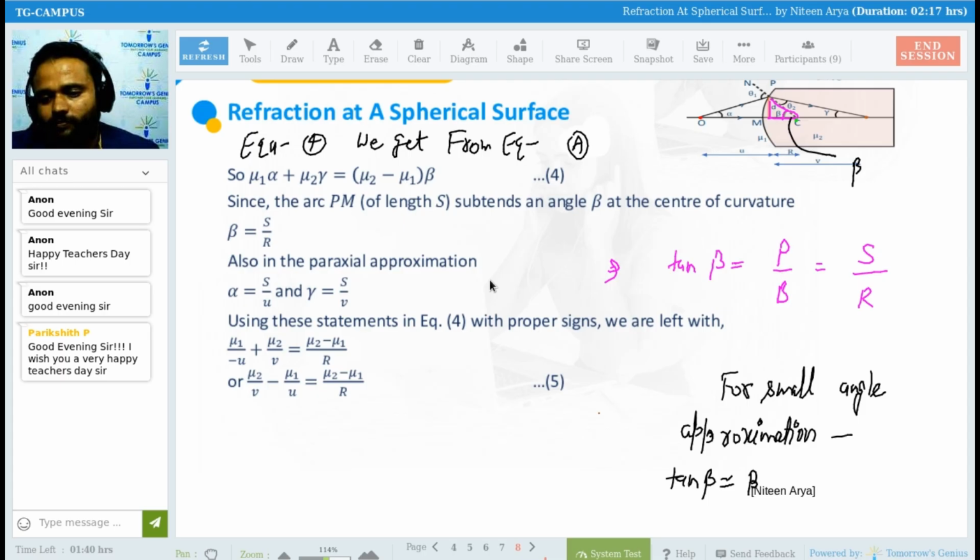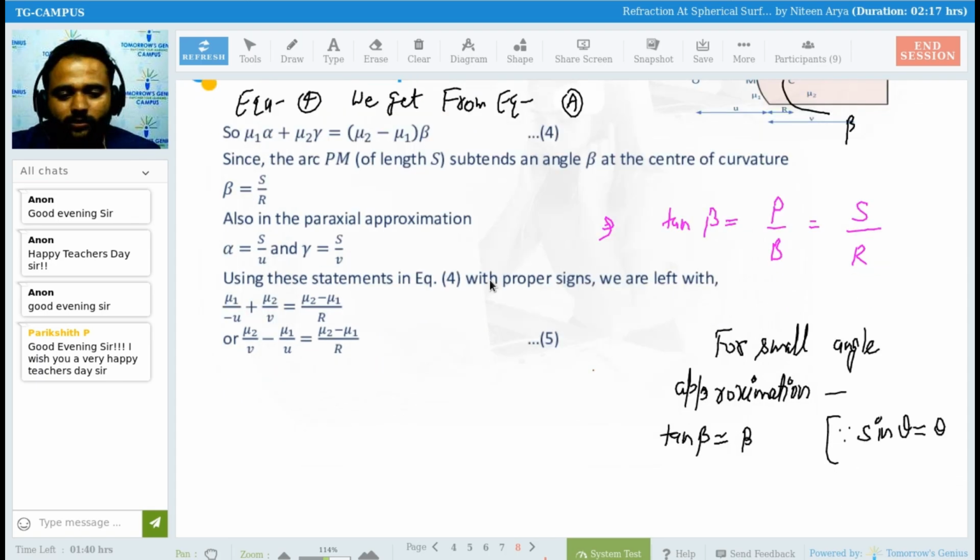Why so? Because sine theta is going to be theta, and cos theta is going to be 1, because cos 0 is 1. So if theta is lesser than 5 degrees, we can take it as 0 degrees.